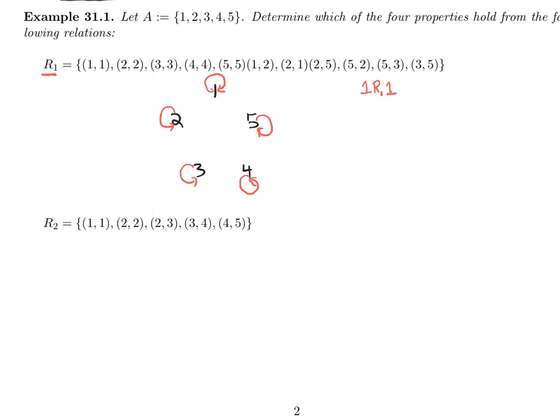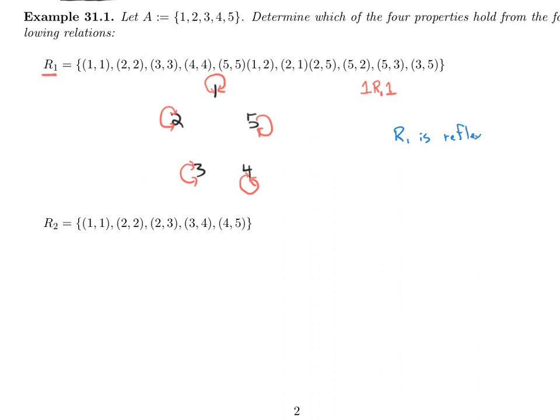You can also, if you want, think of these as double arrows, of course. Doesn't matter which way you go. It's related to itself. So right now, since we know each element is related to itself, we can say that R1 is indeed reflexive. So let's say R1 is reflexive.